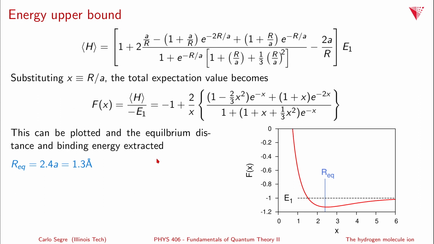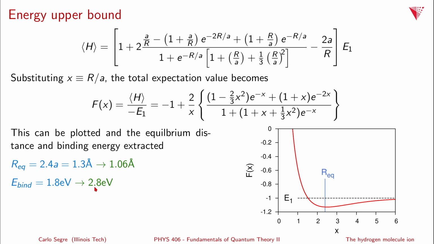So R equilibrium is equal to 2.4 times the Bohr radius, which is about 1.3 angstroms. The binding energy, the energy below E1, so the difference between E1 and the bottom of this curve, is 1.8 electron volts. So you lower the energy by 1.8 electron volts from the energy of a hydrogen atom by having the second proton there.